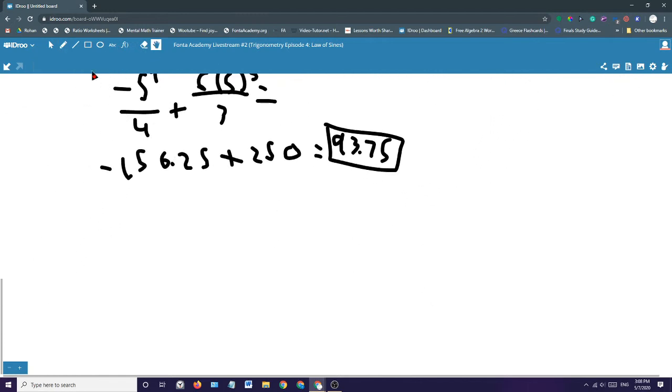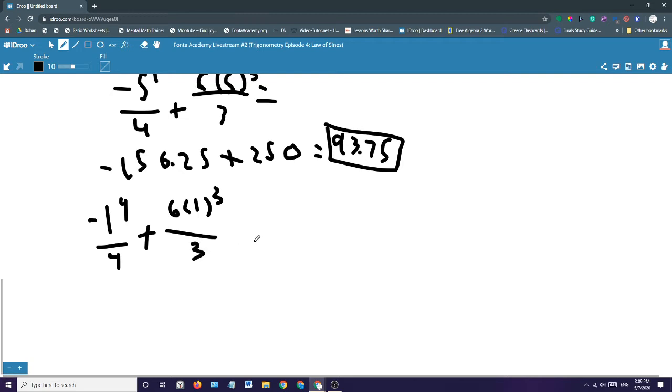Let's plug in 1 to the 4th divided by 4, plus 6 times 1 to the 3rd divided by 3.